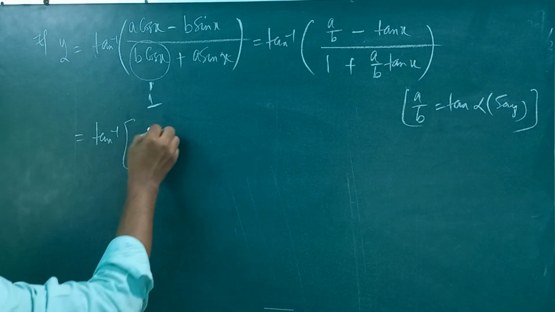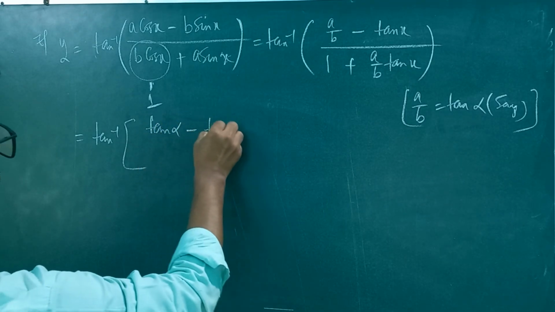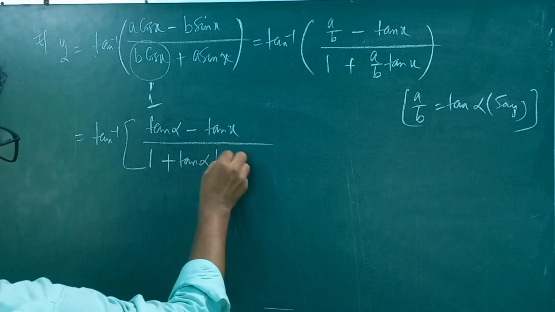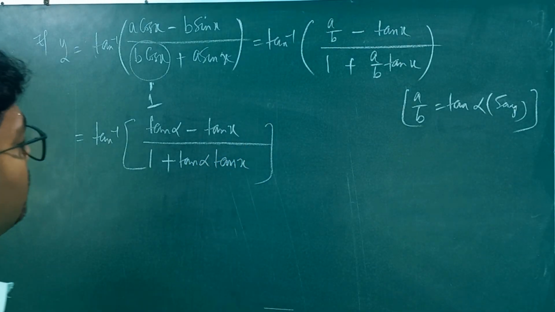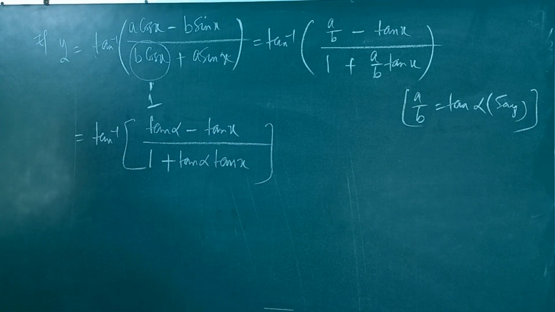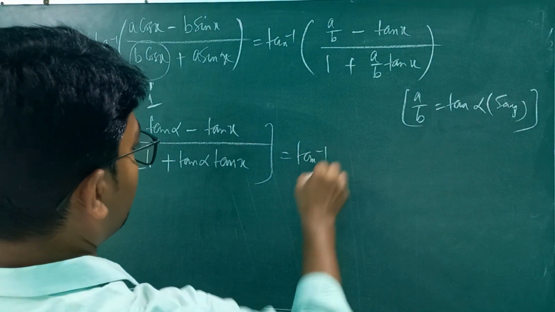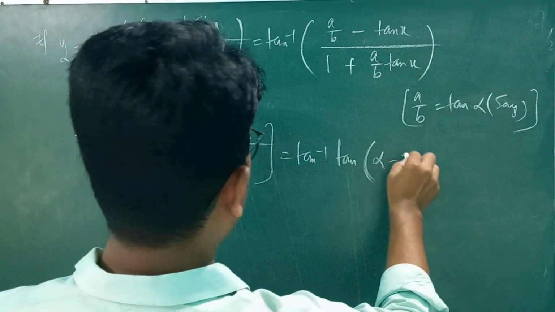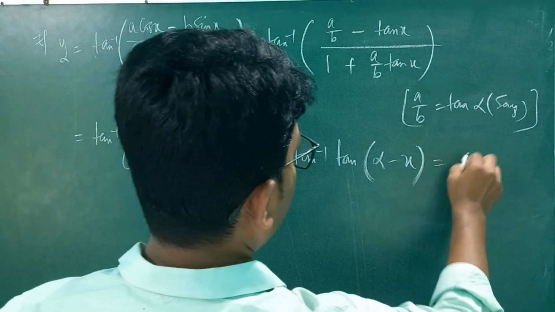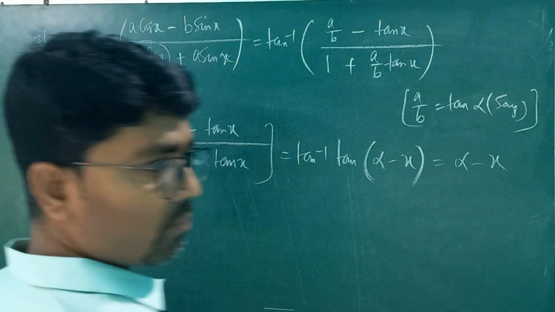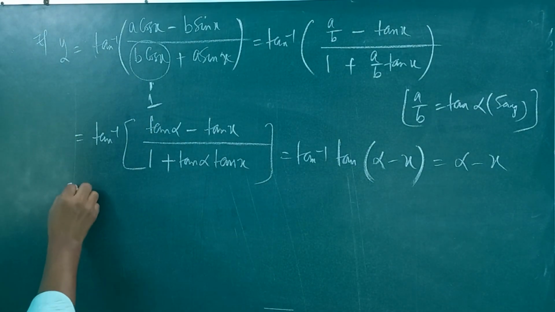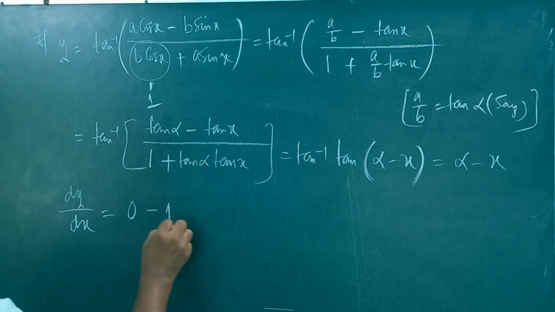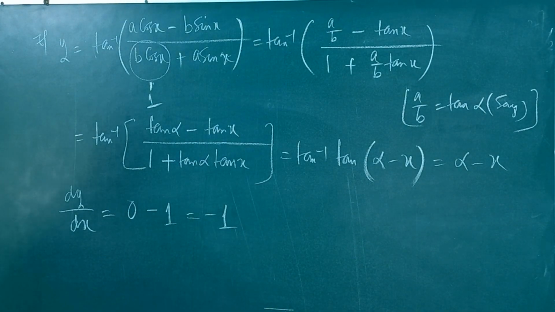Tan inverse of (tan alpha minus tan x) by (1 plus tan alpha into tan x). So this one is our standard result, tan inverse of tan of (alpha minus x), that is only alpha minus x. Alpha is a constant number, so what is its derivative? dy by dx is, this one is 0 minus 1, result is only minus 1.